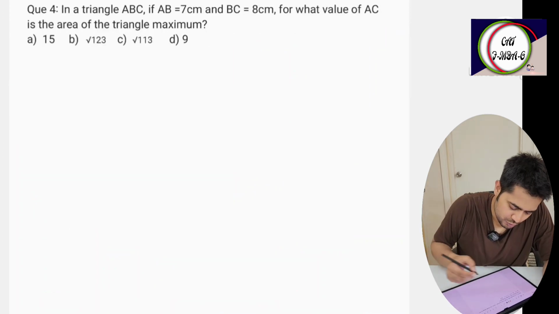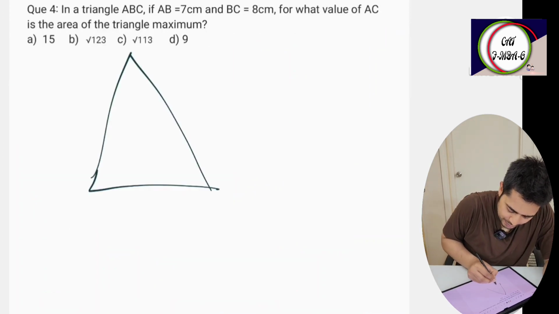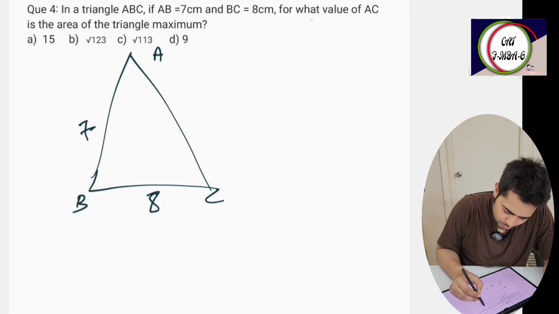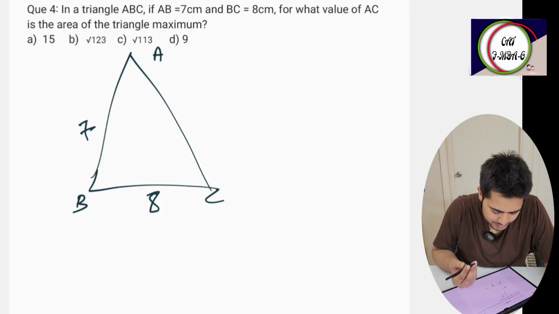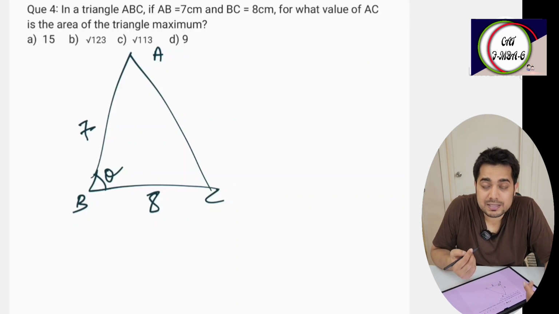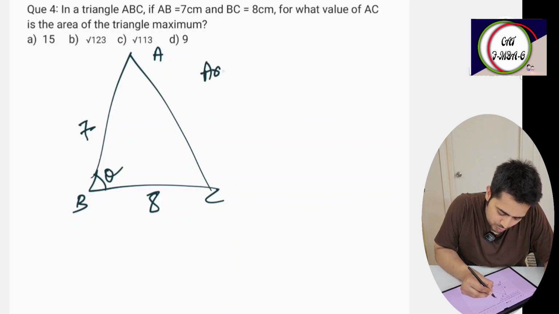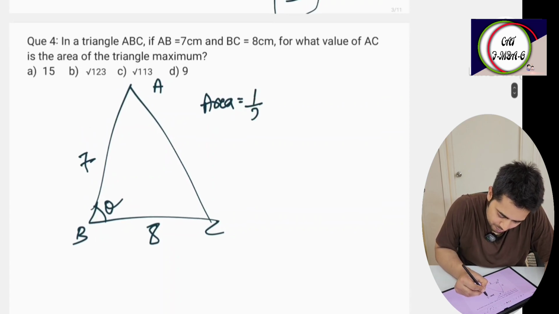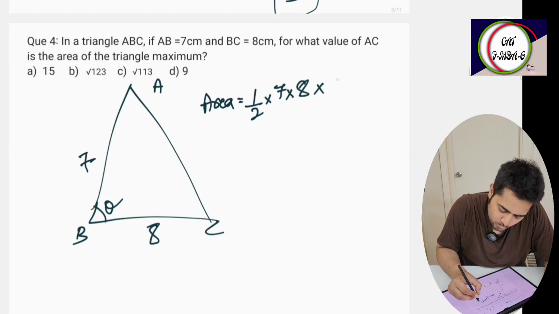Question number 4. In this question it is given that there is a triangle ABC. Here AB is 7, BC is 8. For what value of AC is the area of the triangle maximum? Let us say the angle between AB and BC is theta. So area can be given as half into the product of sides into the sine of the angle between them.